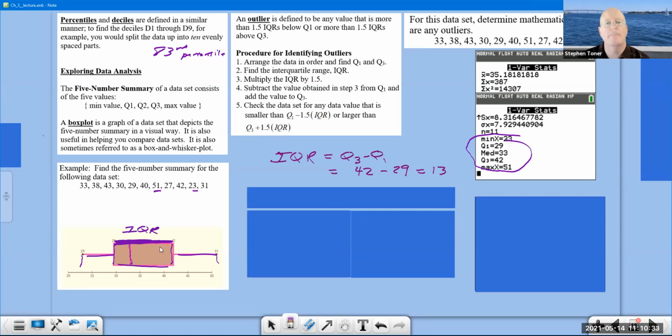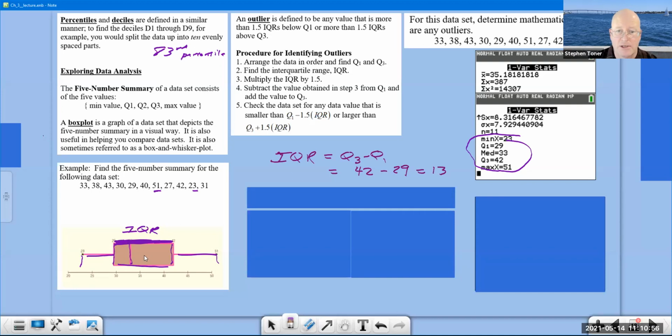And notice that it is the middle 50% of the data as I described it earlier. Because when you have these box plots, you have 25% of the data in this left whisker, you have 25% of the data in the first half of the box, and then again in the second half of the box, and then another 25% in the right whisker.